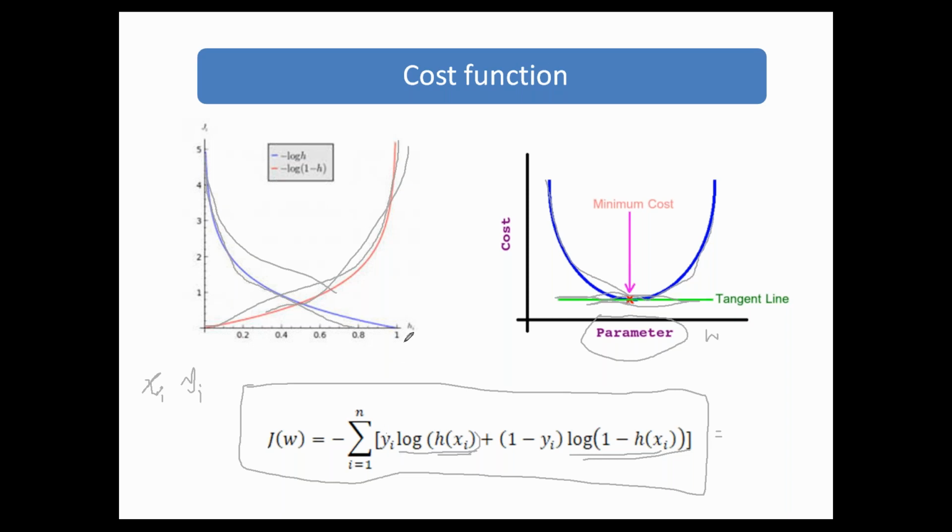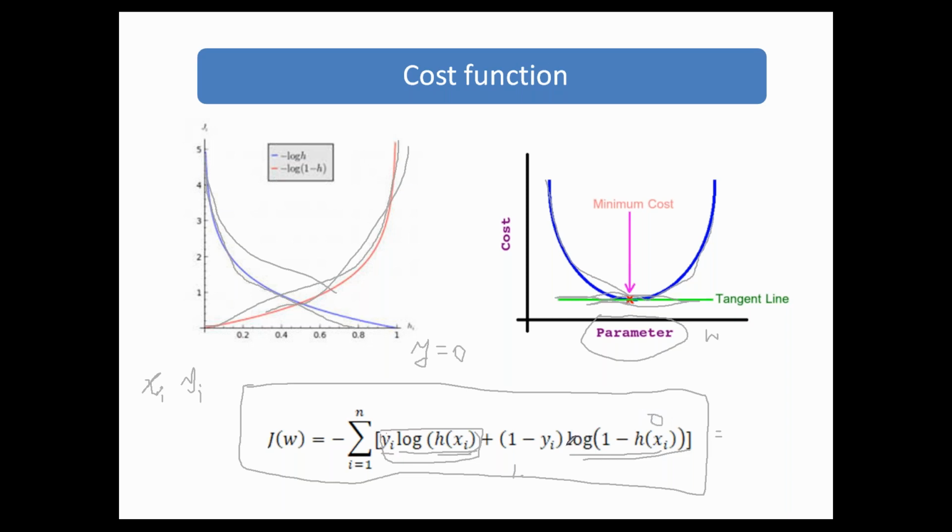Now suppose y is equal to 0, what will happen to this cost function? Suppose for some input you got y equal to 0. So this yi will be 0, and this term is going to be 0 because yi is 0. What happens here? 1 minus 0 will be 1.